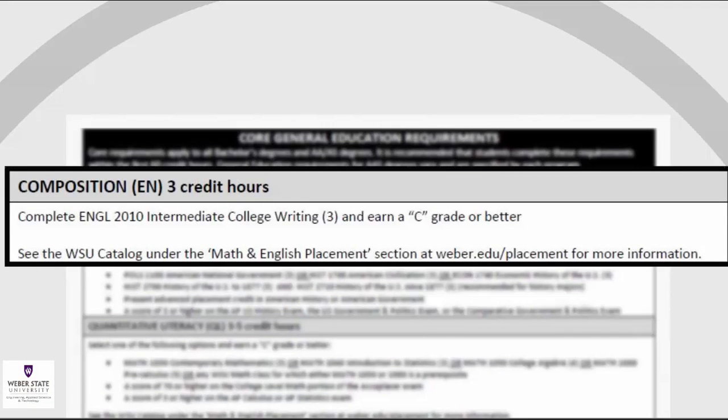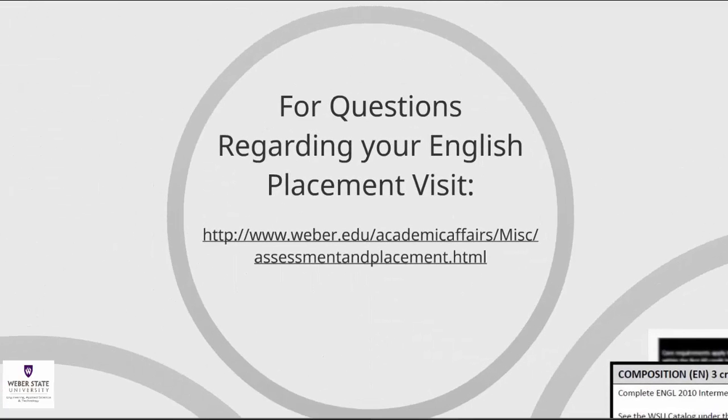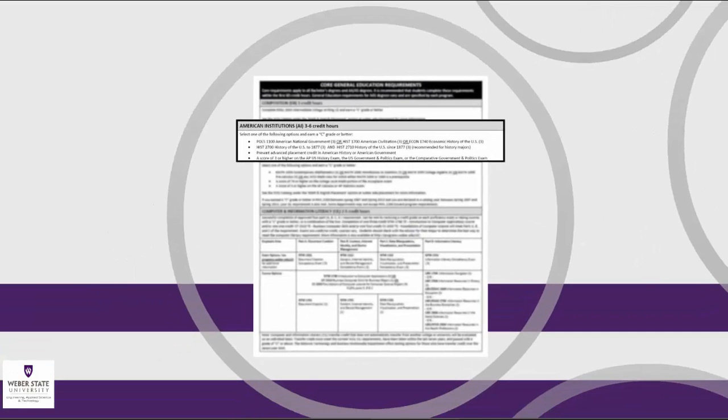Also note that all classes must be passed with a C or better. If you have questions on your English placement, please see the Assessment and Placement Policy on the website shown on your screen.